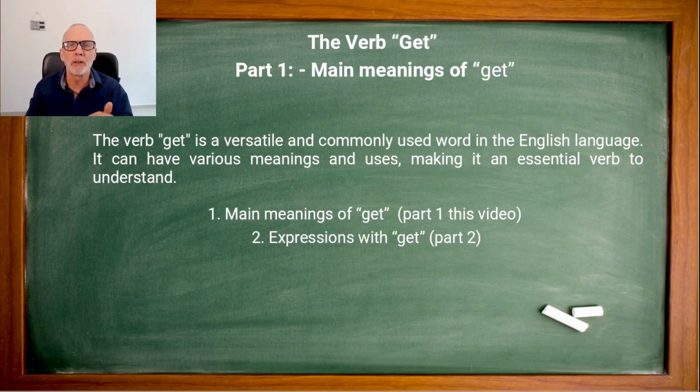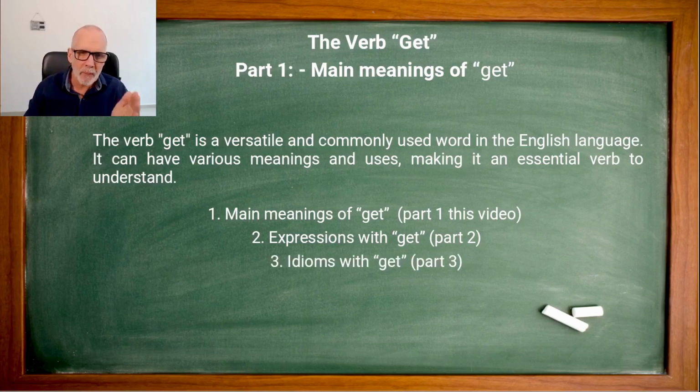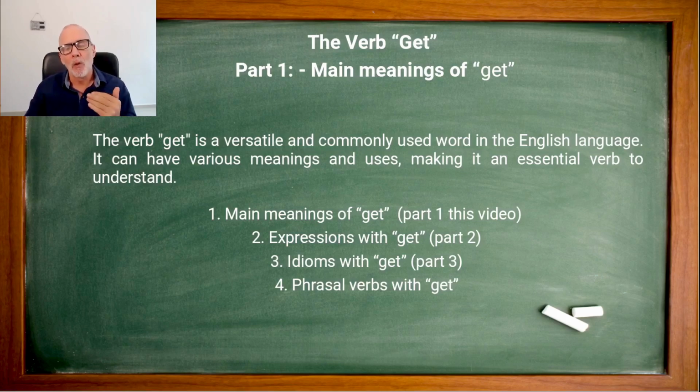Part 2, which I will probably make next week, will be expressions with get. There are many expressions in English that use the verb get. Part 3 will be idioms with get. Also, there are many idioms in English that use the verb get. And finally, in part 4, we will look at phrasal verbs with get.